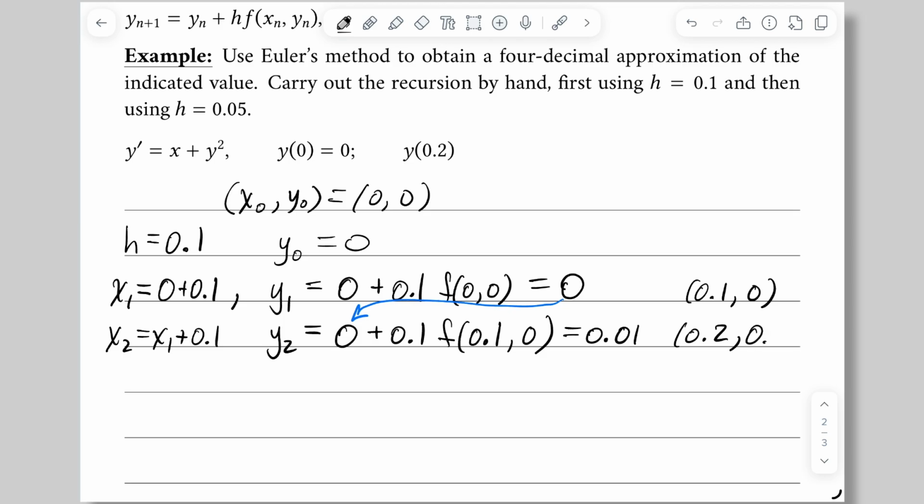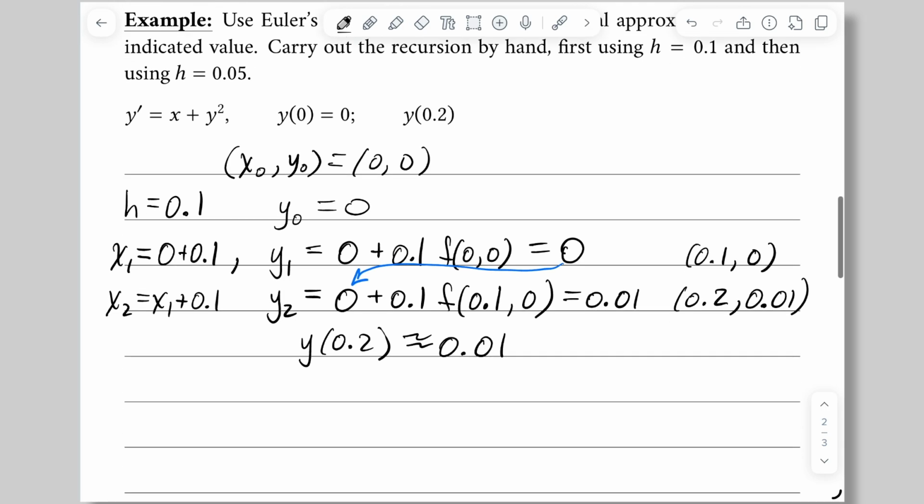The y value that we got associated with that, the approximation, is 0.01. So now we have the point 0.2, comma 0.01. That y value is an approximation of y of 0.2. So now we're going to say y of 0.2 is approximately 0.01.